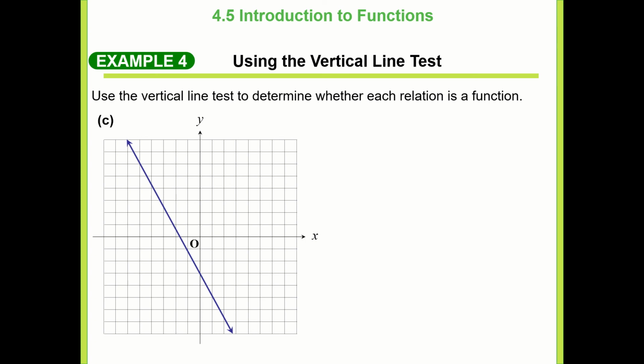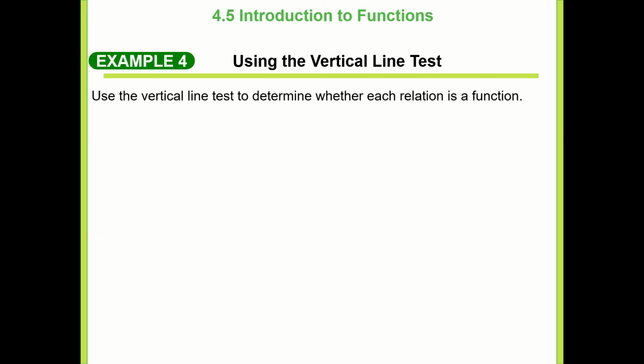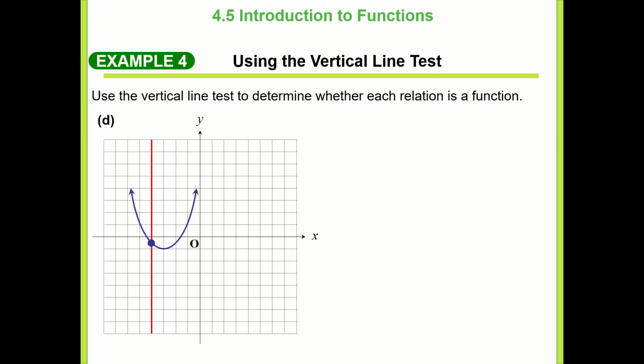Is this a function or not? You draw a vertical line. It's a function. Okay. One more. Is this a function? Do we have two different y values for x? In order to say it's not a function, you have to have two different y values.